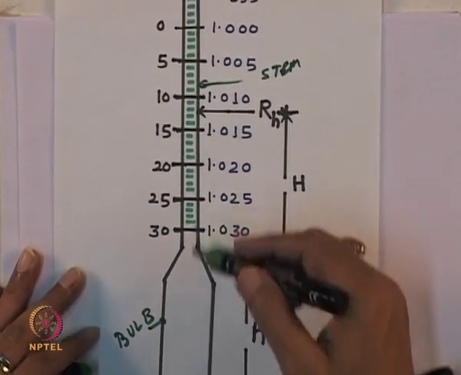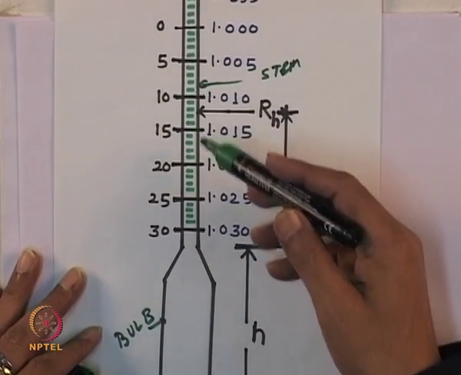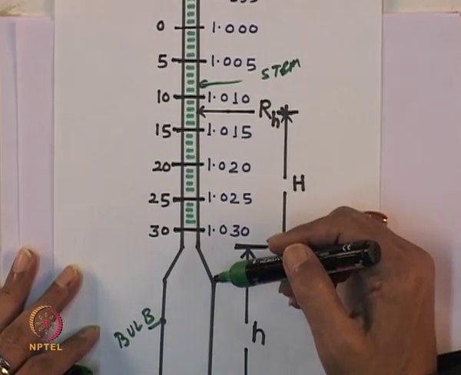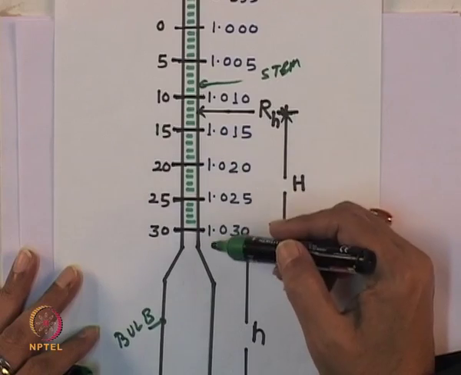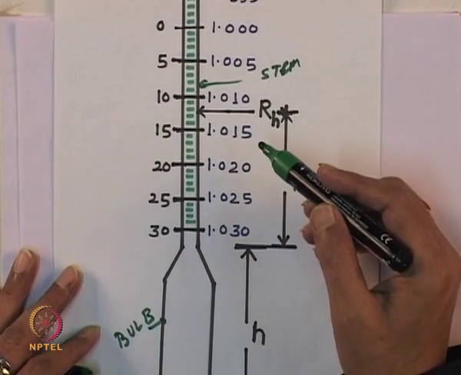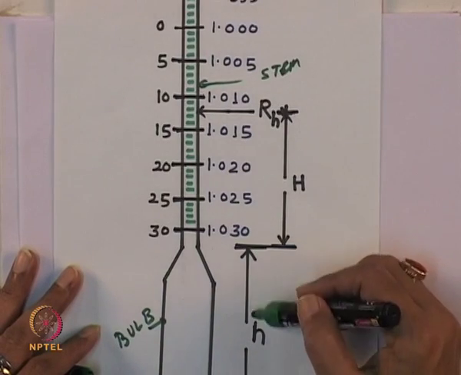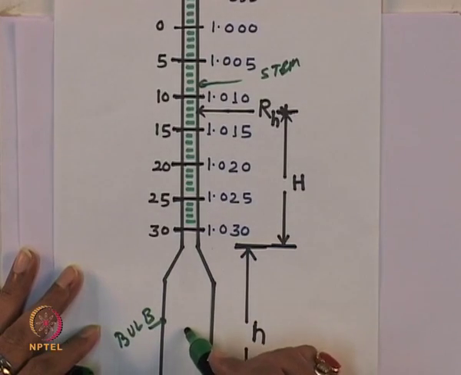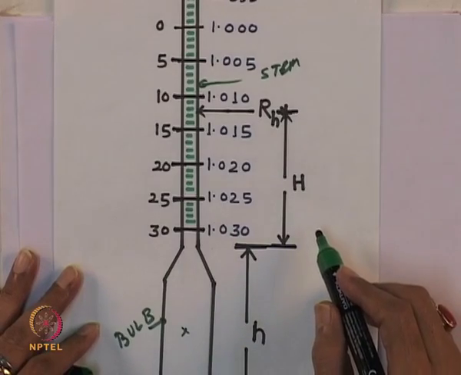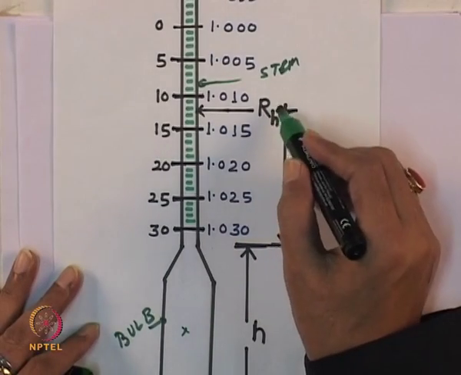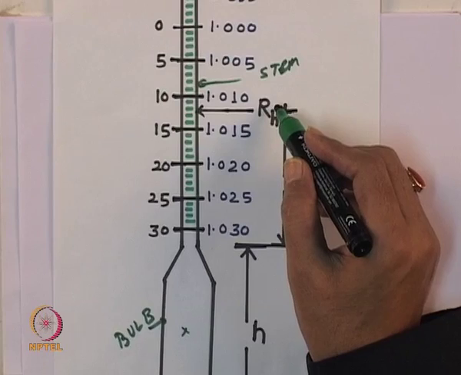From the hydrometer you can take the reading. If the height of the bulb is h, you have to take the reading from the center of the bulb, and then you can read the hydrometer reading RH.